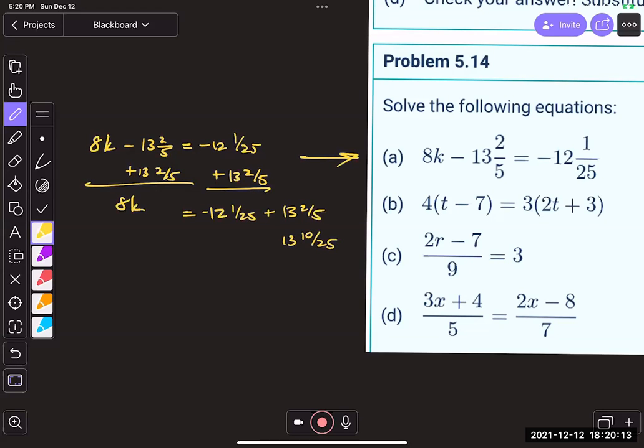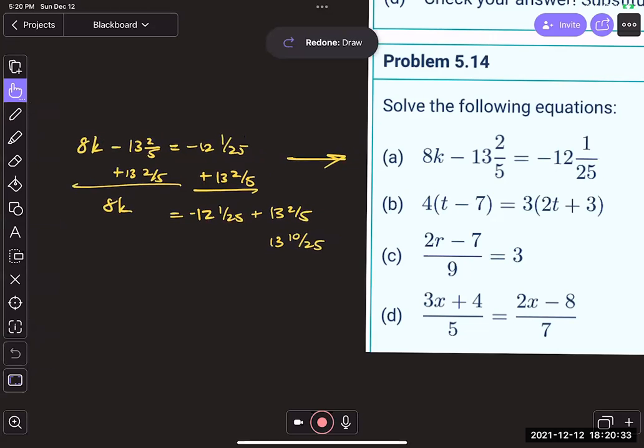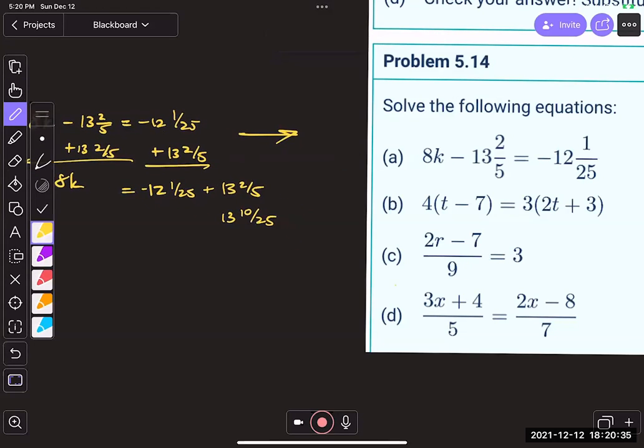And then I'd probably add -12 and 13. Really? You wouldn't reorder it so that it becomes 13 and 10/25 minus 12 and 1/25? I forgot about that. Yeah, you can just reorder it, right? Make the 13 and 10/25 first, and then subtract 12 and 1/25 like that. That's a lot easier to look at, isn't it?